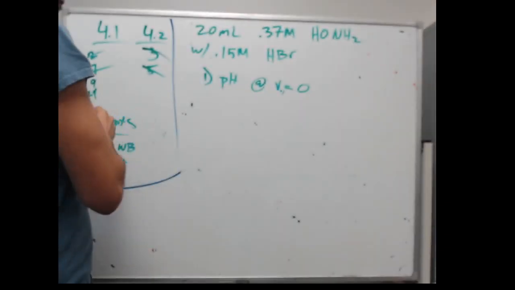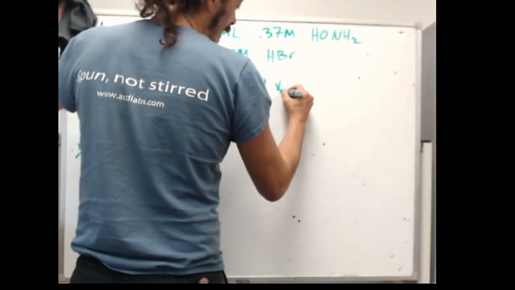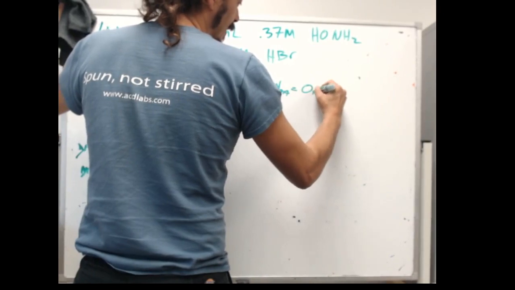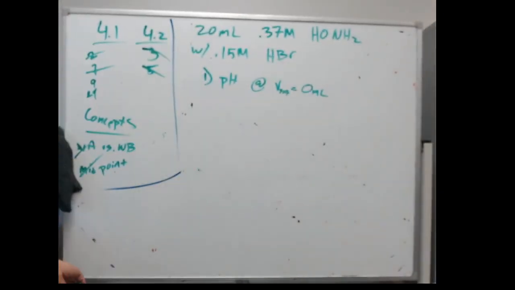Right, so the pH at the volume of strong acid in this case equals 0 milliliters. Now, have we done any weak base calculations in class yet? No. Can we do them because they're exactly the same as weak acid? Probably.